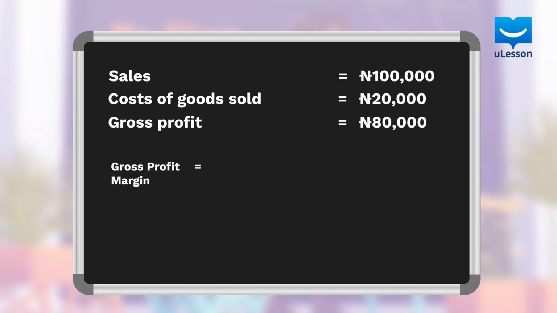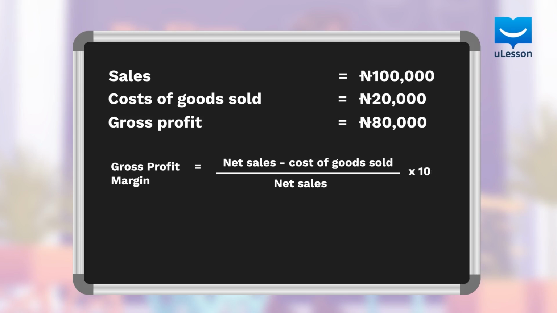The formula is sales minus the costs of goods sold divided by the sales. It could be represented in percentage by multiplying by 100%.